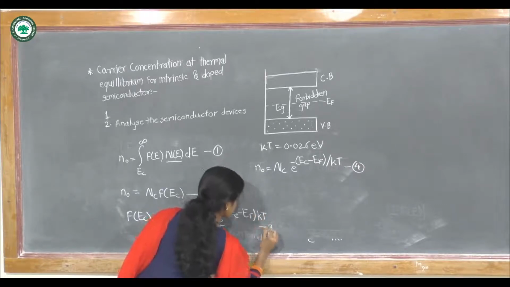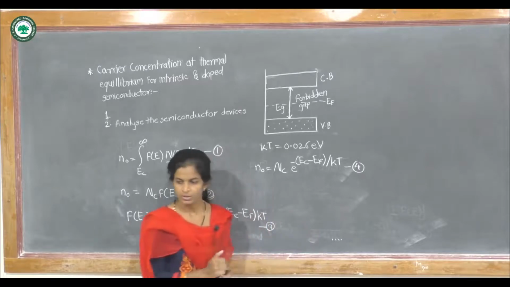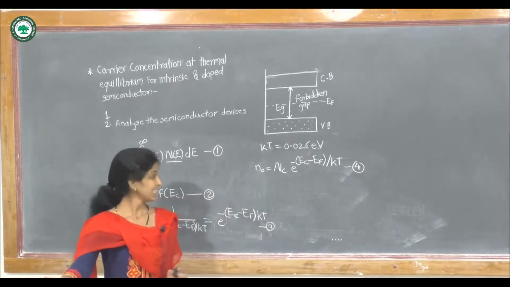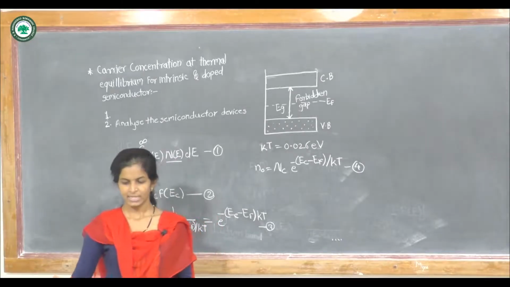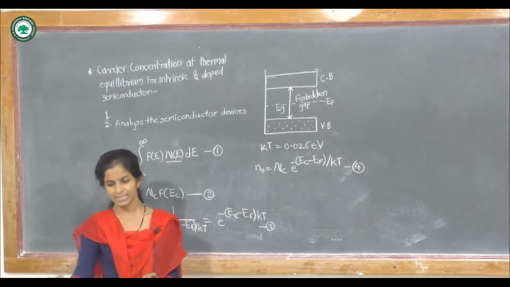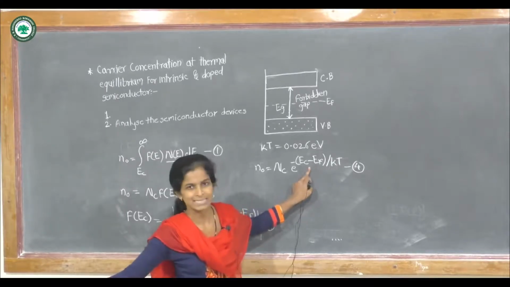So this is equation number 3, and this is equation number 4. So this equation number 4 indicates the electron concentration increases as EF moves closer to EC.